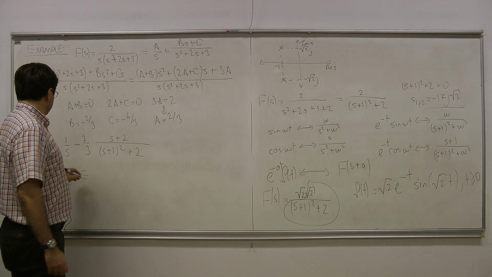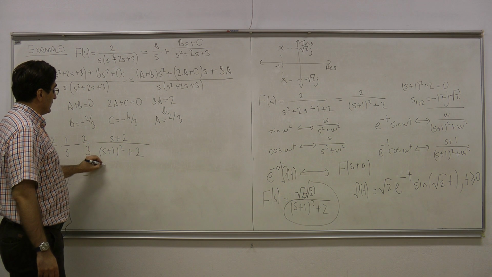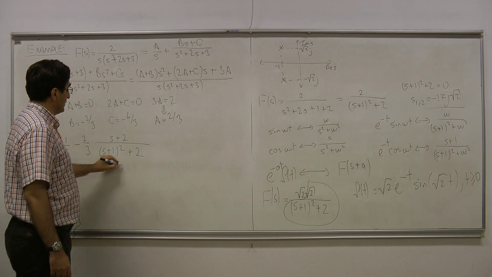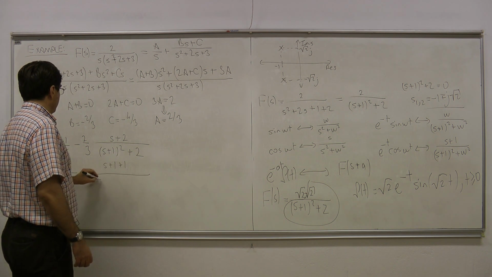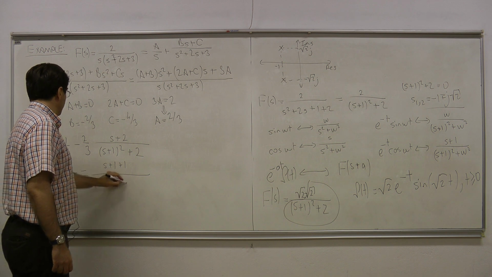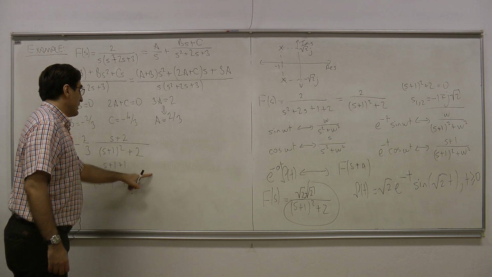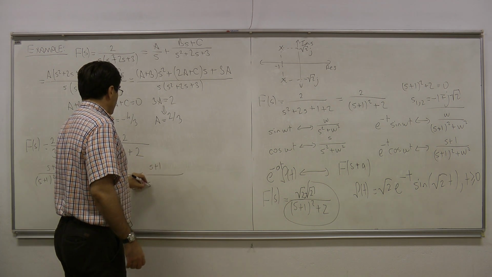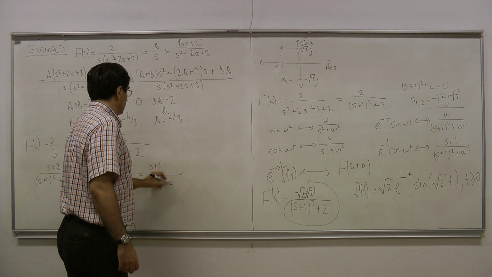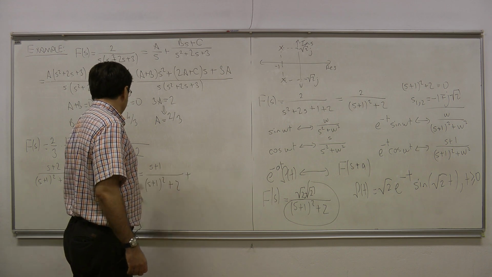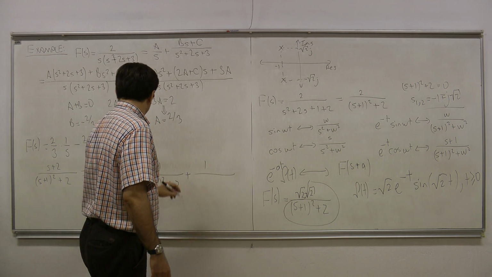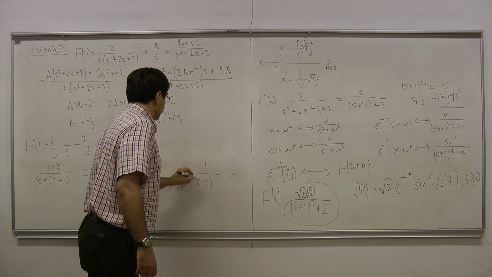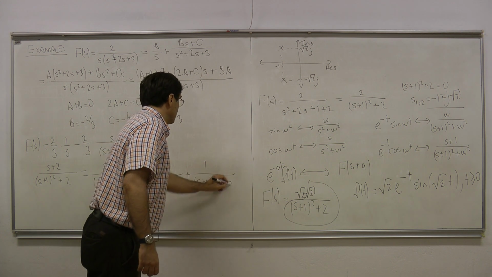I can do it like this. So instead of writing s plus 2 here, I will write it as s plus 1 plus 1, over s plus 1 squared plus 2. And then I will separate the s plus 1 part: s plus 1 over s plus 1 squared plus 2, plus 1 over s plus 1 squared plus 2.